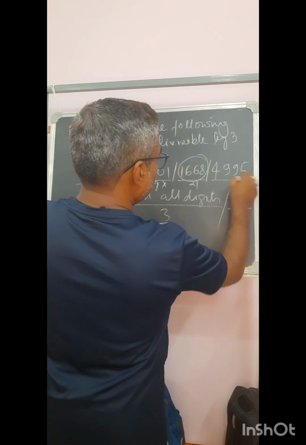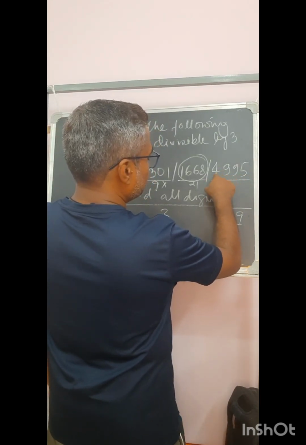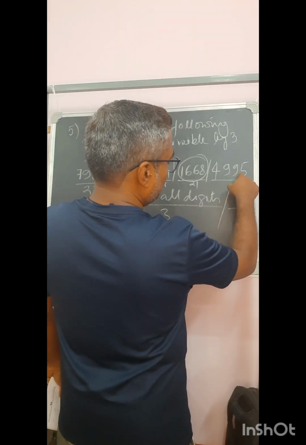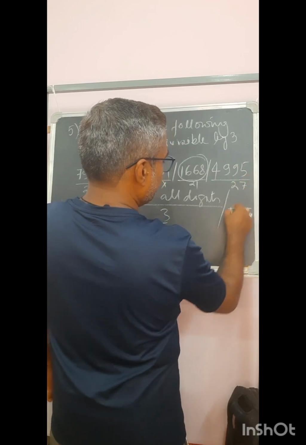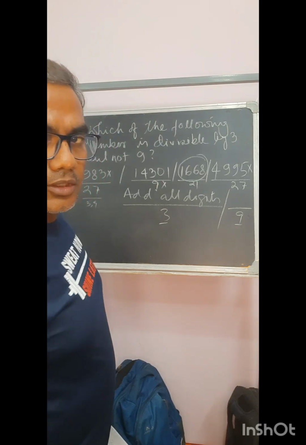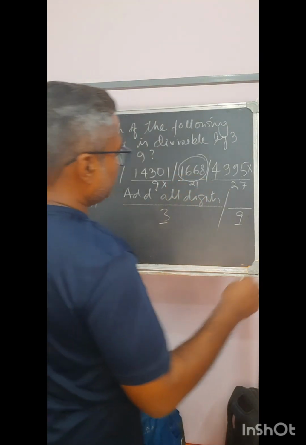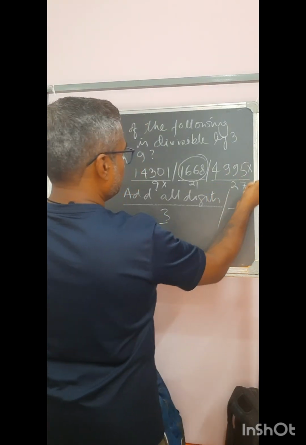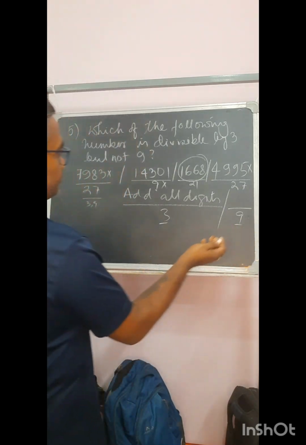Now come here, let's try it. 9 plus 4 is 13, 13 plus 9 is 22, plus 5 is 27. So this is again divisible by 3 and 9, so this cannot be the option. So the only option that remains is that one. Initially I thought that only 5 is remaining, so maybe it is divisible by 5 only, but the thing may not be like that.